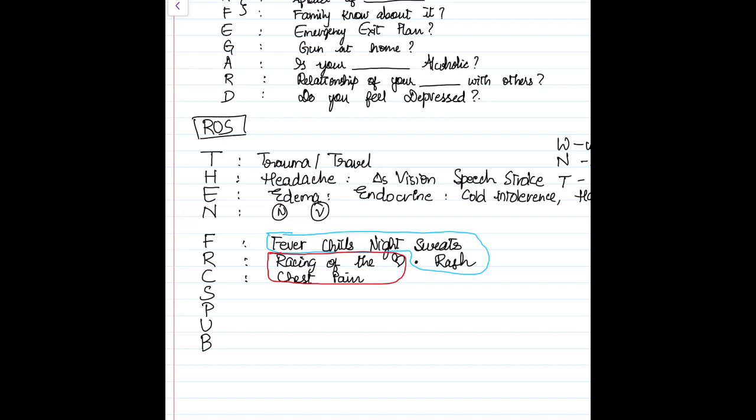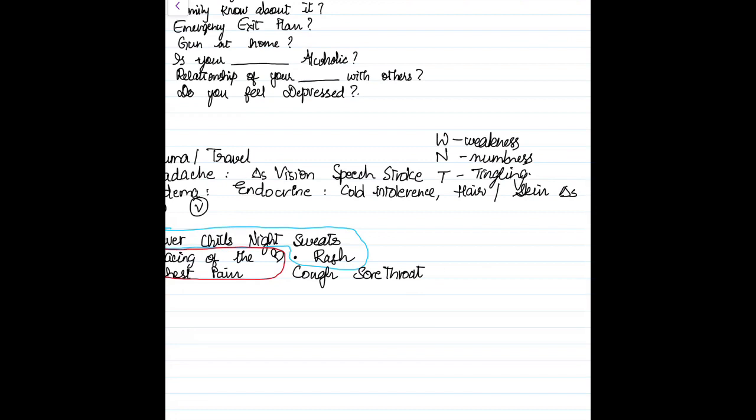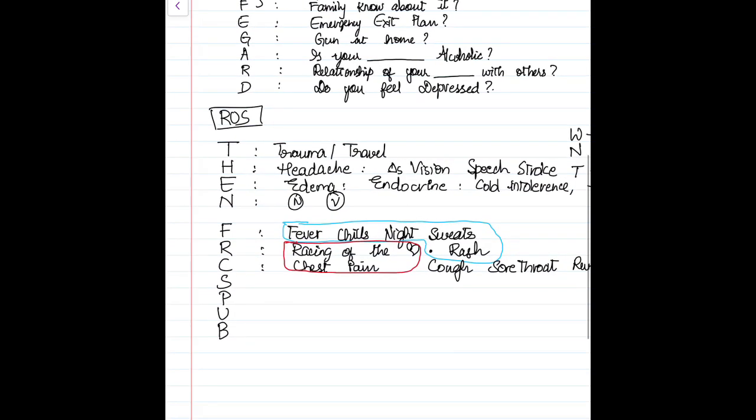That is, do you have cough, sore throat, runny nose, or shortness of breath? So with C, you can cover CVS and respiratory. Okay? This stands for shortness of breath, sore throat.